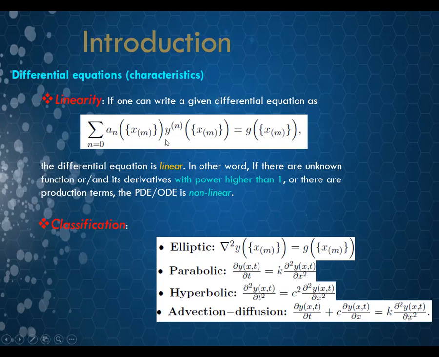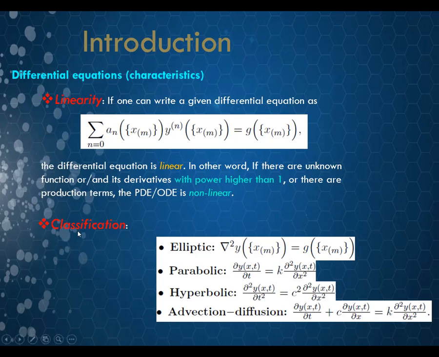If the dependent function or its derivatives appear with powers higher than 1, or appear in cross terms, for example y times y prime, this PDE or ODE is nonlinear, otherwise it is linear. Notice that a_n as a function of x, or g on the right-hand side of the equation, could be a nonlinear function of x, but the dependent variable should appear only with power 1, not higher.